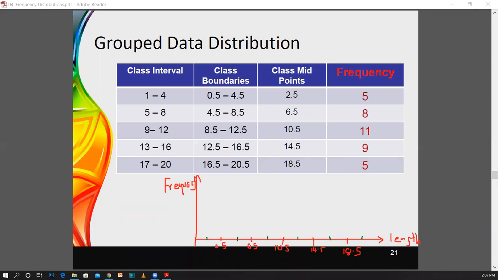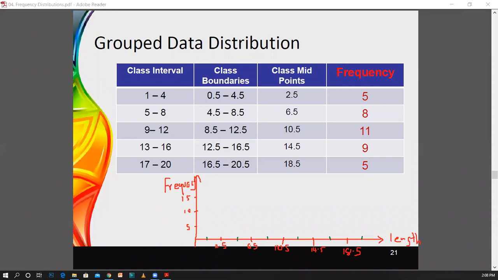I have a minimum frequency of 5 and a maximum of 11, so I can mark them as 5, 10, and 15. But for a better view, you can use the values 2, 4, 6, 8, in steps of 2.